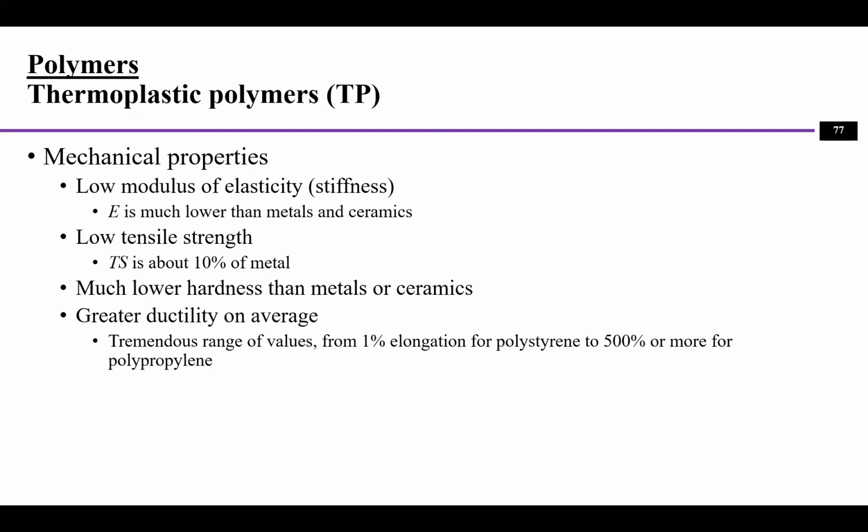And thermoplastic polymers typically have low Young's modulus and low tensile strength, and also lower hardness than metals and ceramics, but they are light, right? They can have a lot of good applications.